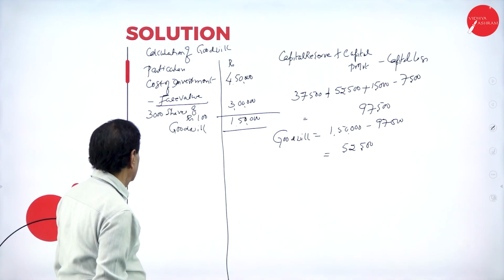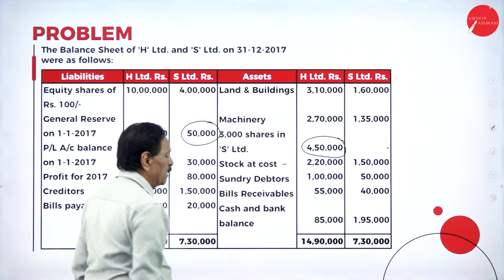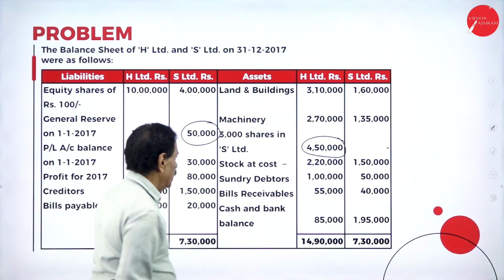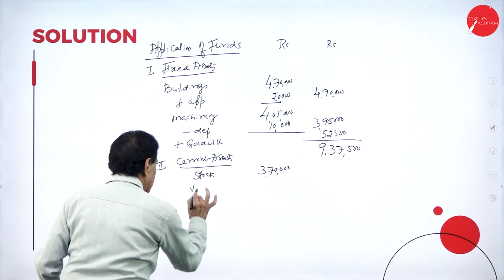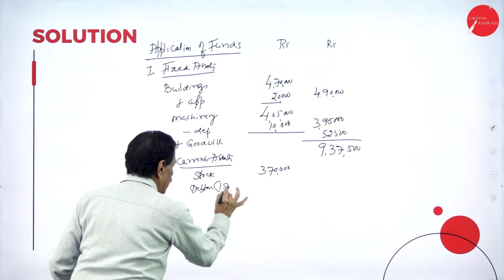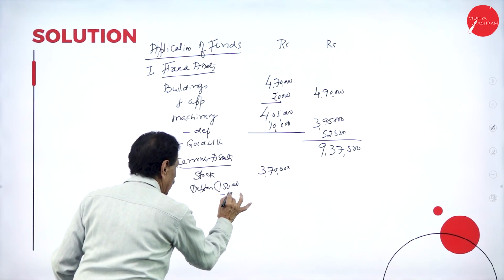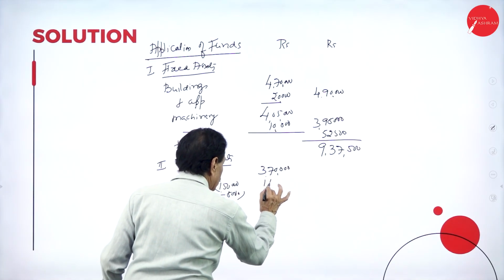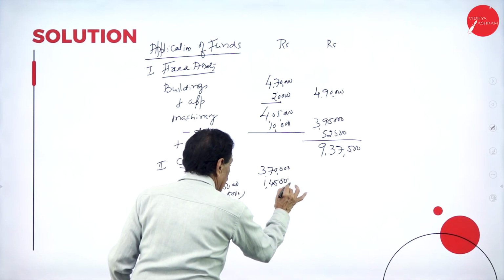What next? This is over. Debtors 1,50,000 minus mutual 5,000. Debtors 1,50,000 minus 5,000, 1,45,000. This over.